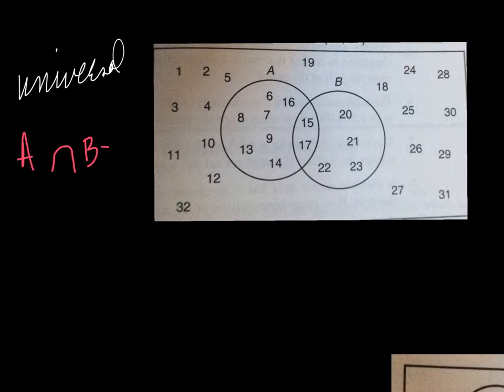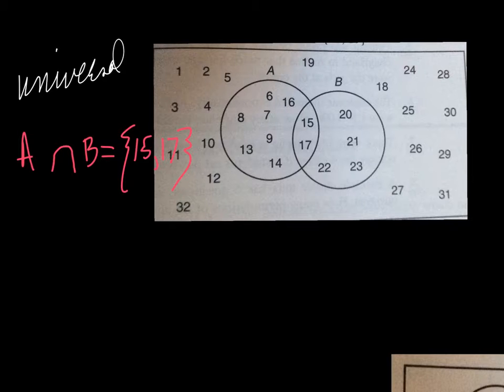So if I wanted to actually write that out symbolically, I would do that. Okay, so I've got A intersects B equals the set 15 and 17.